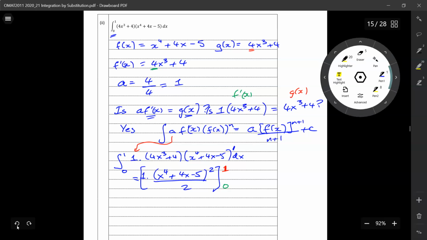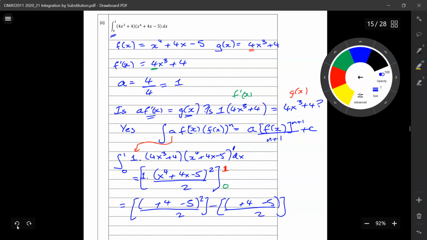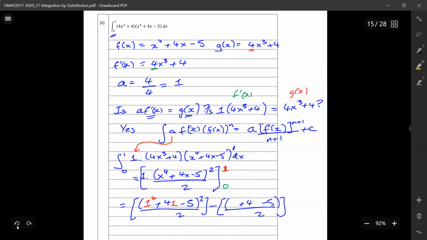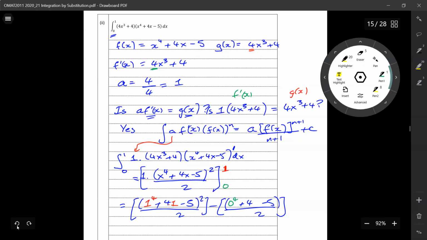So if I evaluate those, my upper limit is 1 to the power of 4 plus 4 times 1 minus 5, over 2. Then minus the lower limit, where I put in 0 to the power of 4 plus 4 times 0 minus 5, over 2, and that's squared as well.